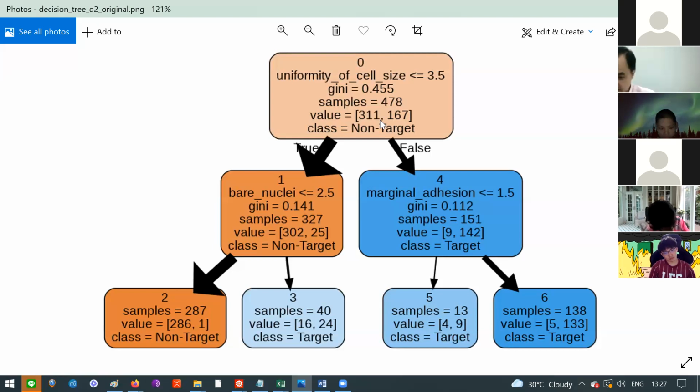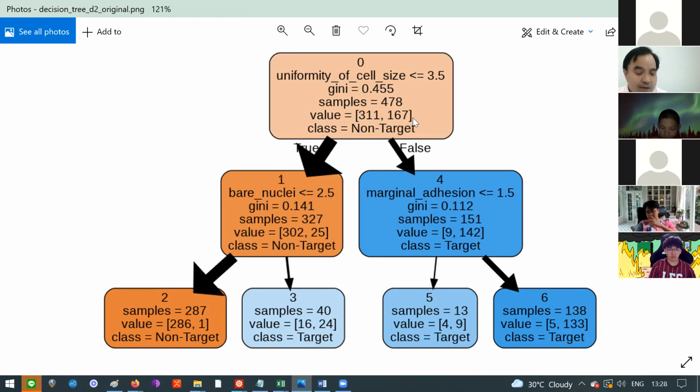I think positive means yes. And 167 of them are diagnosed with cancer. So this is not unknown, this is labeled. So of 478 women, 311 of them did not have breast cancer.